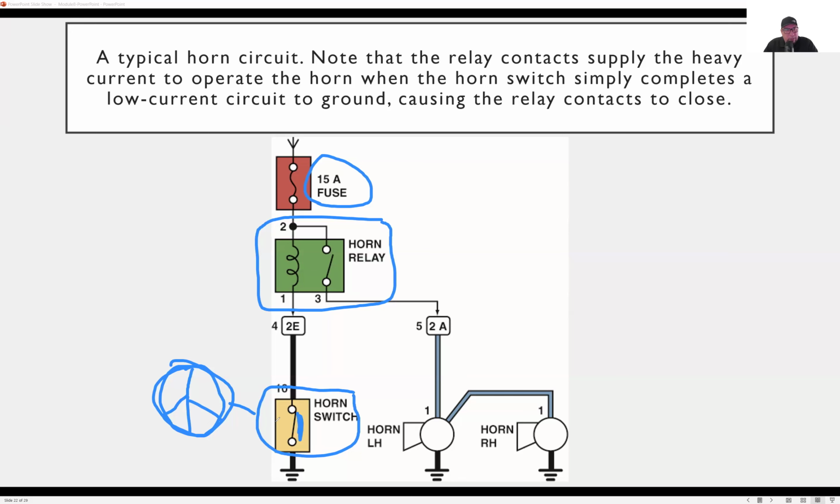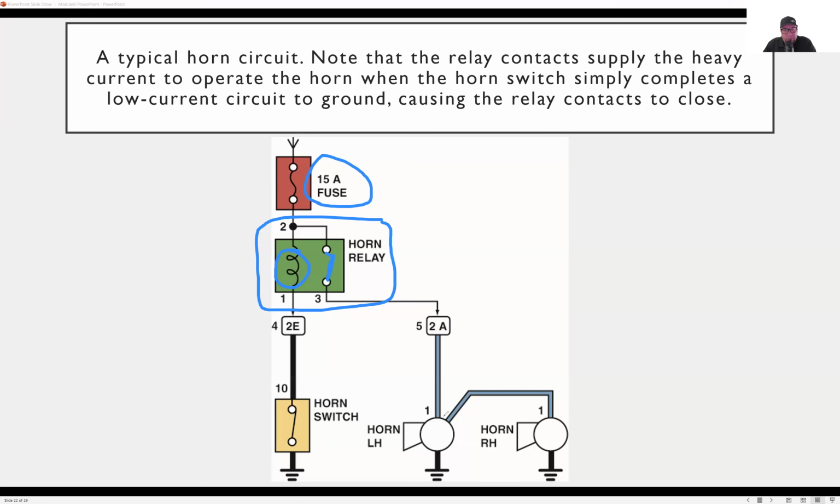That switch will then energize the coil of the relay. It'll close the relay switch, which is right here. That'll close because this is being energized with magnetism. Then the horns will activate. Obviously, this happens very, very fast.